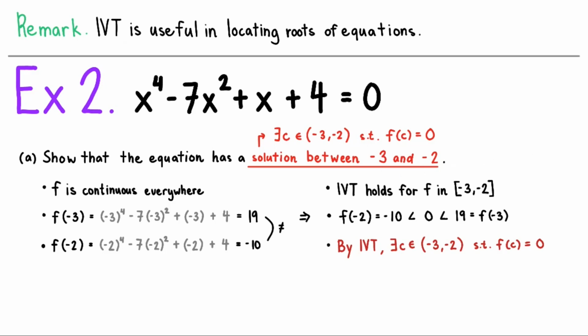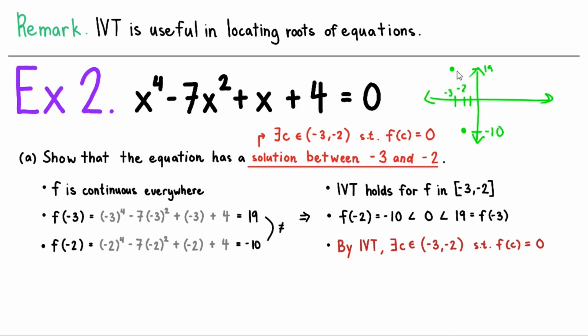And to illustrate this one, to understand much better, suppose we have this graph out here, and we know that at f of -2, we have -10, so suppose this one is -10, this one is -2, and we have f of -3, so it's around here, and 19, suppose that 19 is out here.